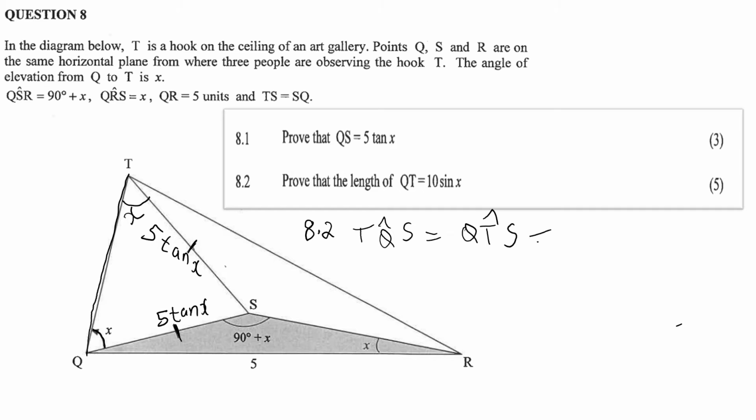Base angles are equal, both of them equal to X, because angles opposite equal sides are equal. Then we can determine this angle there, so that we can use our sine rule. Someone can choose to use the cos rule because we have all the sides and all the angles. You can choose which one you're going to use.